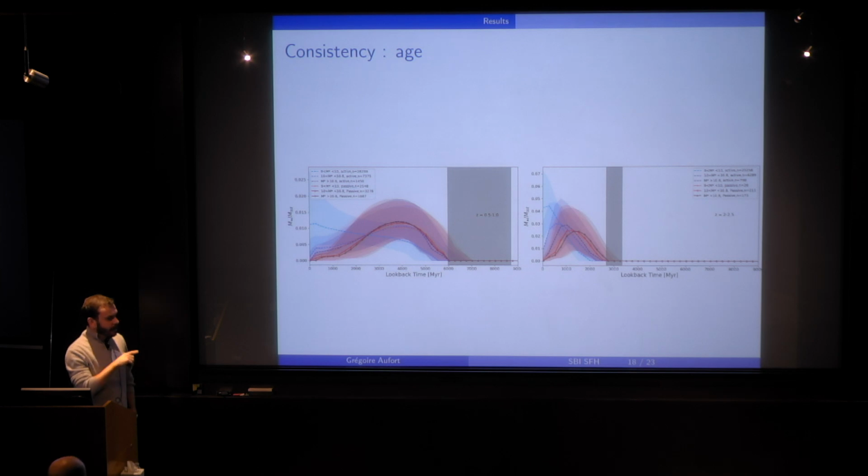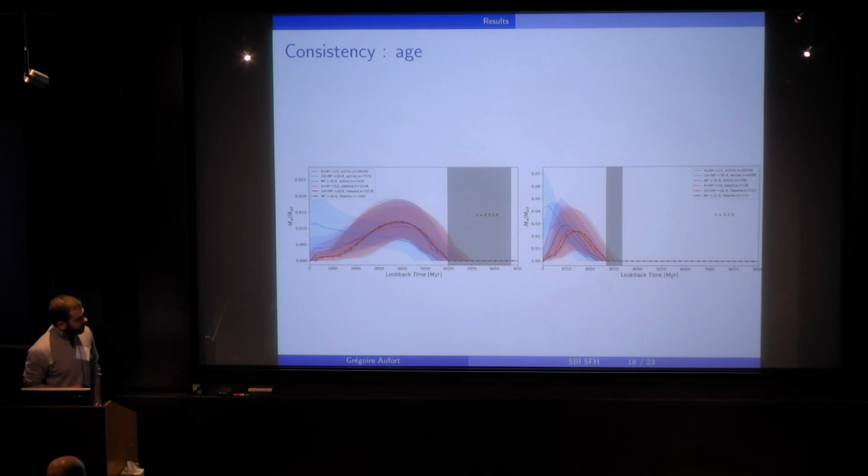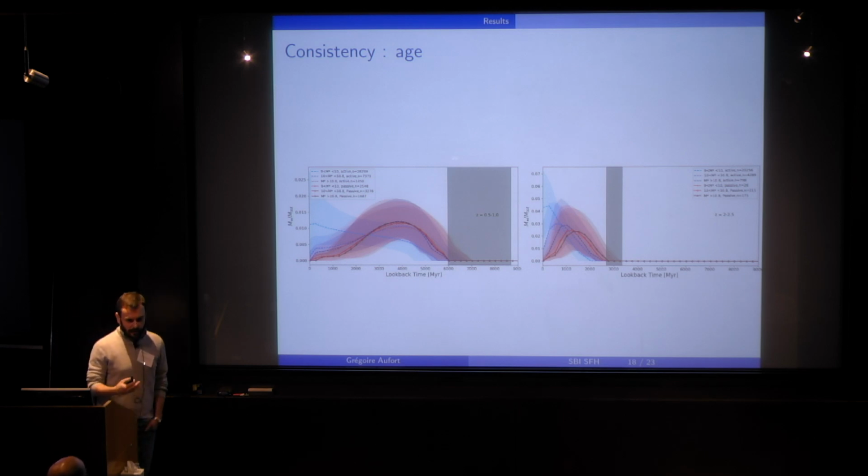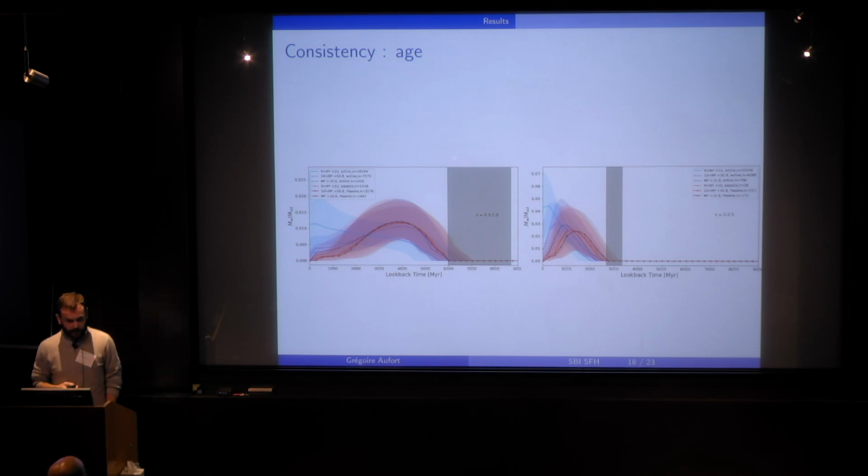And the time of first formation, or the beginning of the SFH, does depend on redshift, which is logical. In particular, it never really extends before the age of the universe, the beginning of the Big Bang. So I'm never estimating SFHs that are older than the universe, which could happen. There's nothing preventing it.